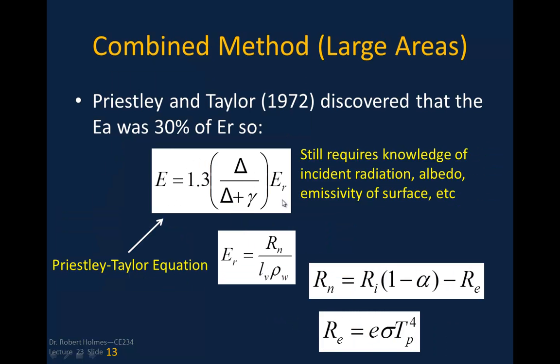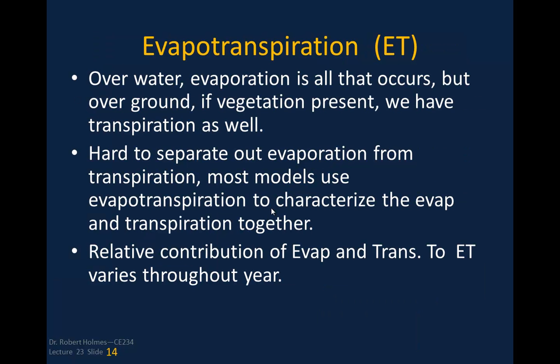Then essentially you're applying the energy equation, the Rn over the latent heat of vaporization, which is the LV, and the density of the water, which is rho W. Again, this has been covered in a few earlier slides. So that's the Priestley and Taylor equation, and this is what's used in most of the mathematical models for continuous simulation.